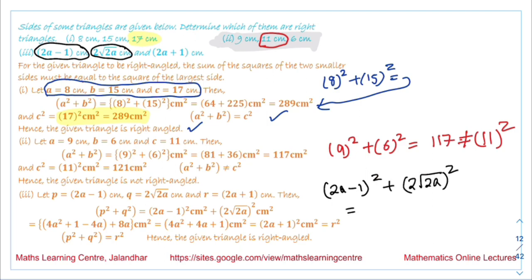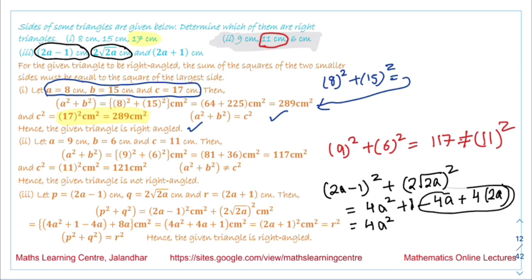The answer we will get is 4a square plus 1 minus 4a plus 4 into 2a. So this value comes out to be 4a square plus 4a plus 1, which is equal to 2a plus 1 whole square.